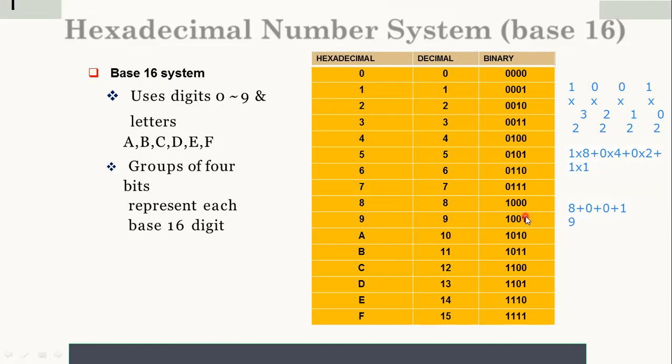See here, for 1001, the equivalent decimal is 9 and hexadecimal is also 9. And you remember this?